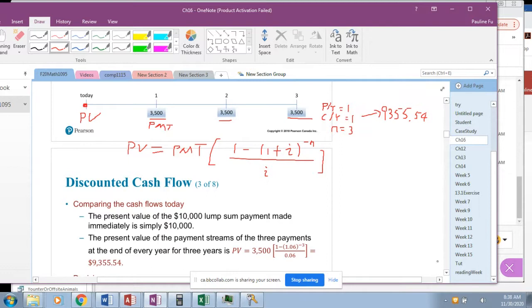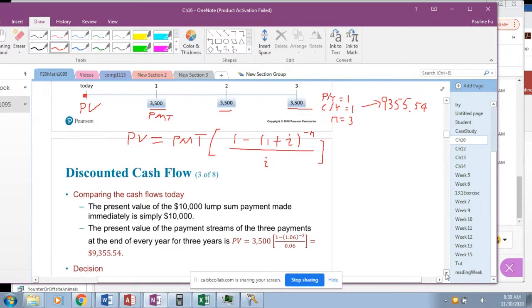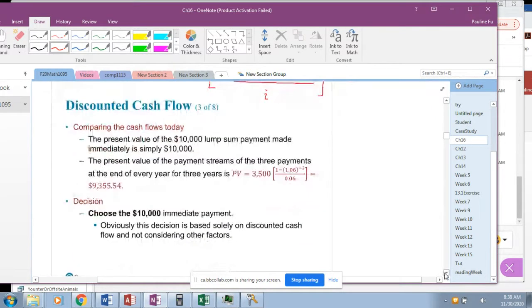You can use this formula to calculate present value. And then you make the decision.